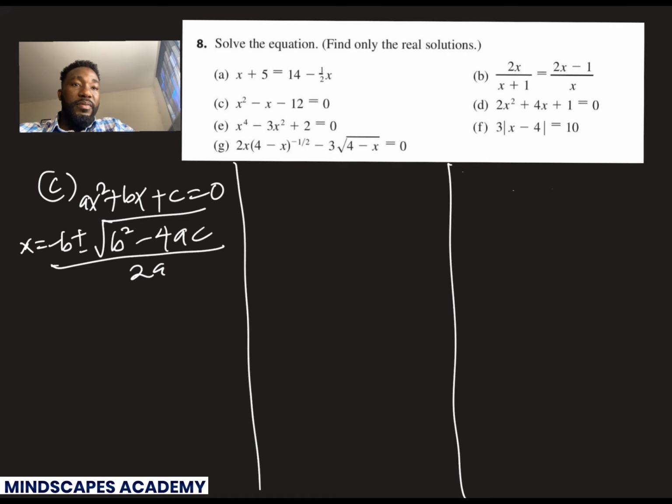From the problem given, what is a? A is the coefficient of x squared, which is 1. B is the coefficient of x, which is negative 1. And c is the constant in the problem, which is negative 12.